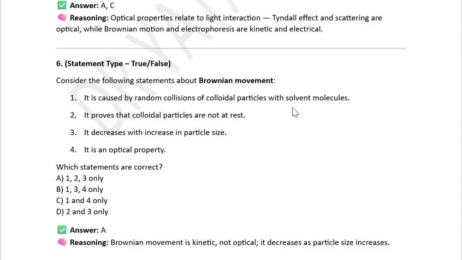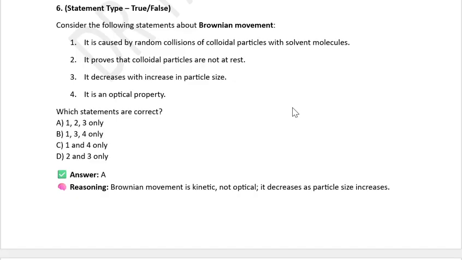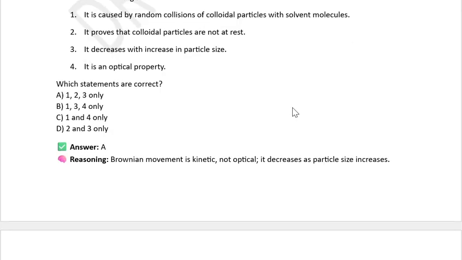Number three, it decreases with increasing particle size. Number four, it is an optical property. Which statement is correct? The answer is option A: 1, 2, 3 are correct. It is not an optical property, so the fourth statement is wrong. Brownian motion is kinetic, not optical. It decreases as particle size increases.